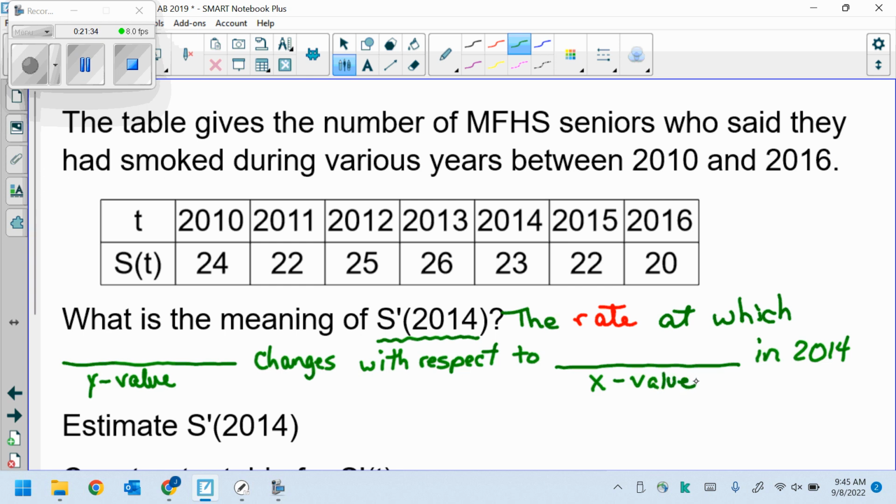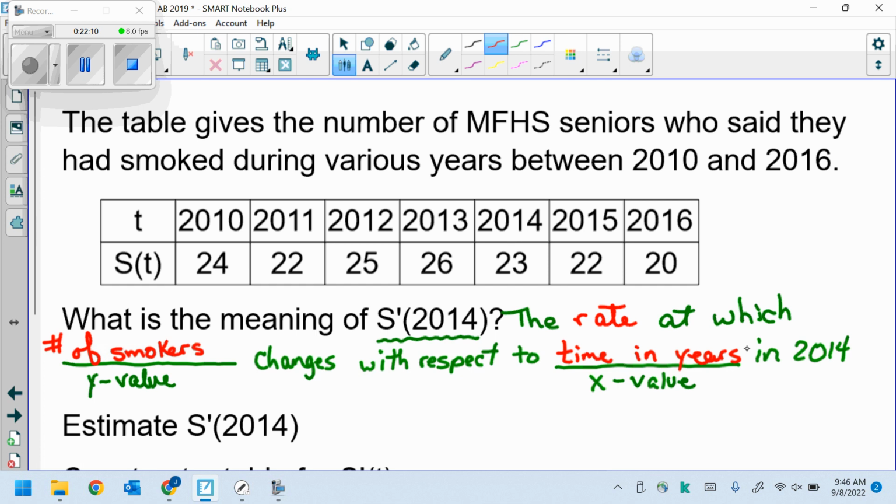So we're going to fill in the blanks. This is the rate at which the number of smokers changes with respect to, well, t stands for time measured in years. The rate at which the number of smokers is changing with respect to time in years in the year 2014.